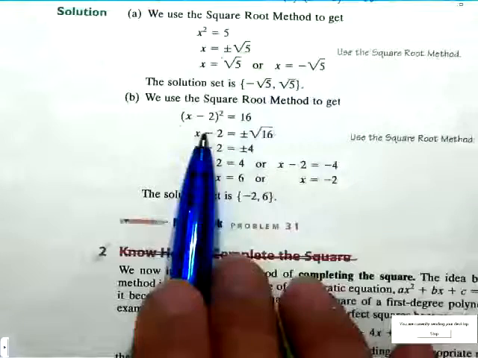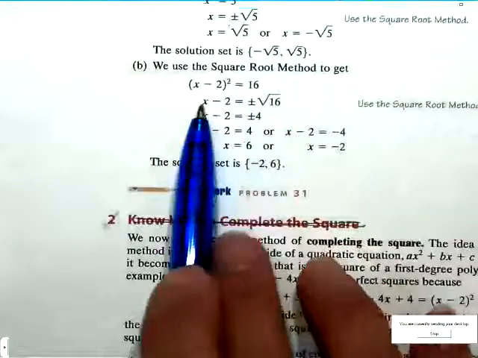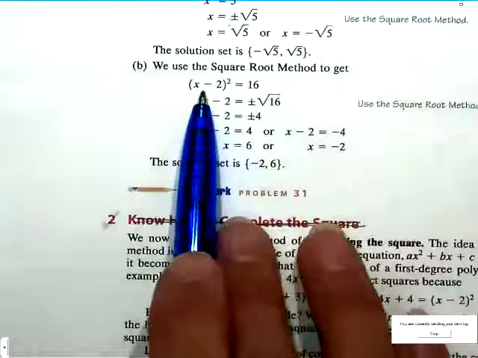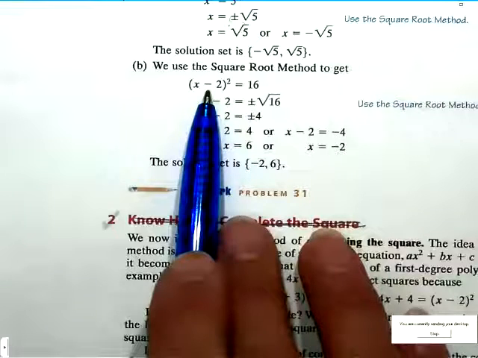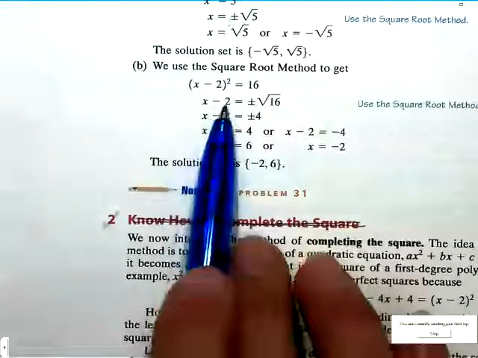A more efficient thing is to recognize, hey, this is just something squared by itself. Anytime I had something squared, it doesn't matter if it's a plain old x squared or an x minus 2 squared. If it's just something squared by itself, I can take the square root of both sides. The square root of x minus 2 squared is just x minus 2.